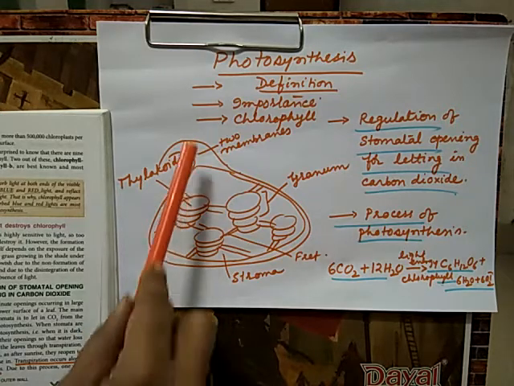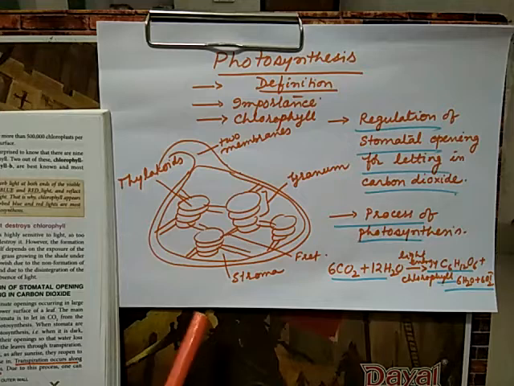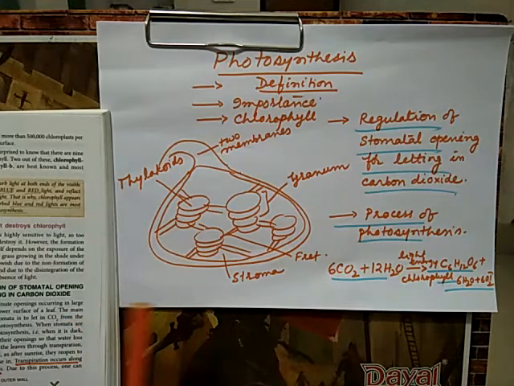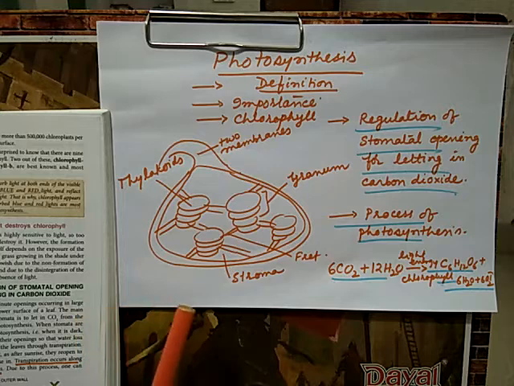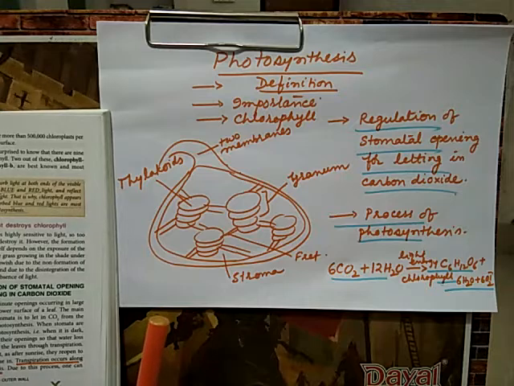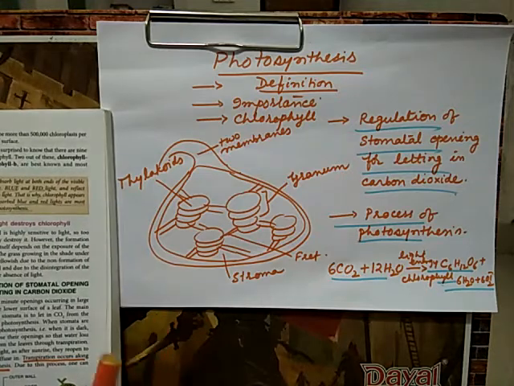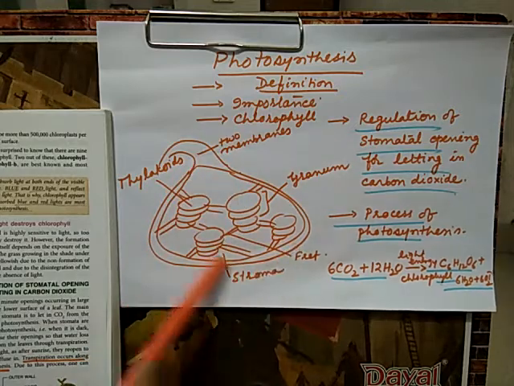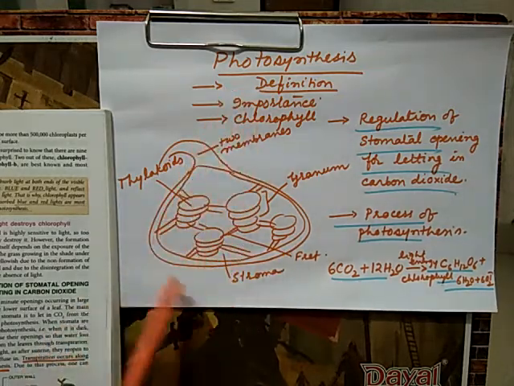So, chlorophyll is one of the vital parts for photosynthesis. Chlorophyll is the green coloring material present in the cell organelle called the chloroplast. It is a microscopic structure, and chloroplasts are minute oval bodies bounded by a double membrane, outer membrane and inner membrane.